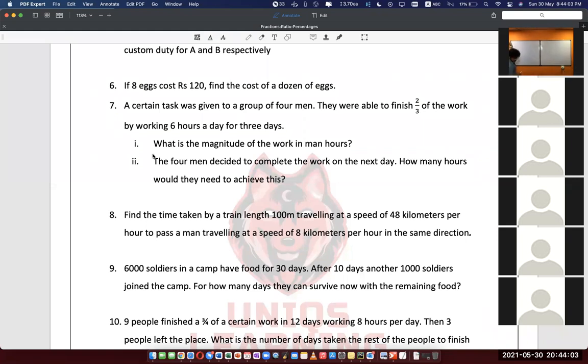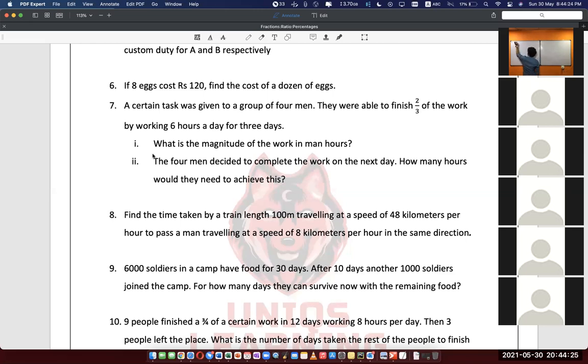So again, write down the details. Certain work was given to a group of 4 men. So is the number of men important? So 4 men, a group of, they were able to finish 2/3 of the work by working 6 hours a day. Okay, so here maybe we will have to write 3 columns, right?